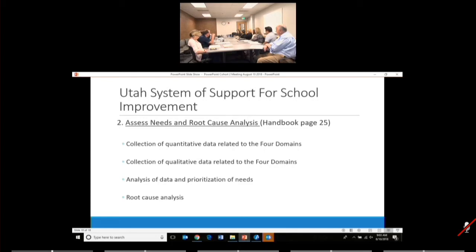And what is our role in this process? So what do we do? Well, we did the initial needs assessment and root cause analysis, and you can read through it. And we can provide that to you. We'd love to sit down with the school and your consultants once they've been selected and review that with you.